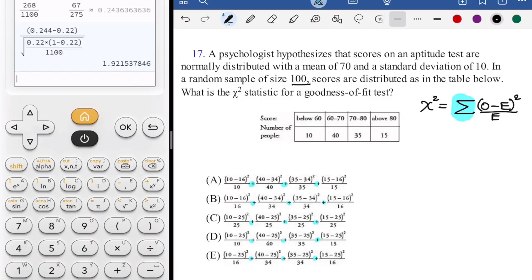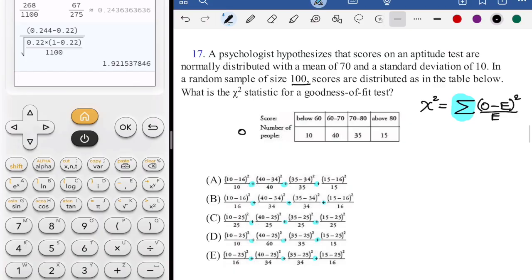Every now and then they'll hide a category. I feel like they've covered the entire domain here, but you could have a fifth hidden category, which would be all the leftovers. Now, if it's a normal distribution, we can assume a few things, but using our knowledge of normal distributions, we can come up with the expected values.